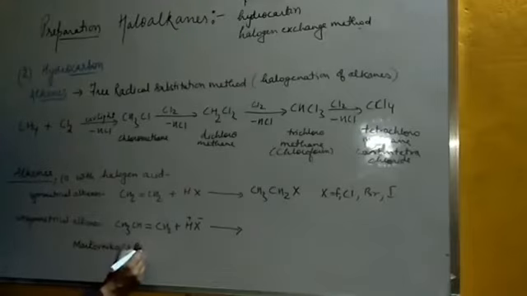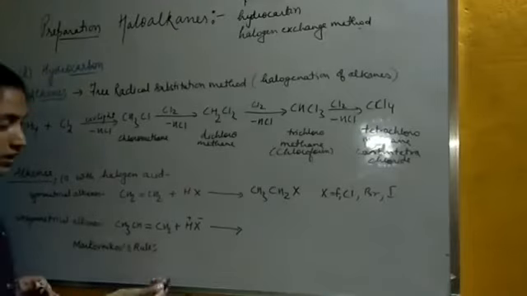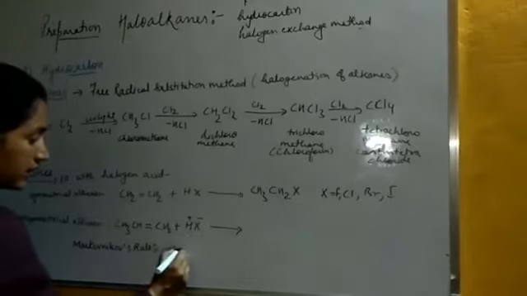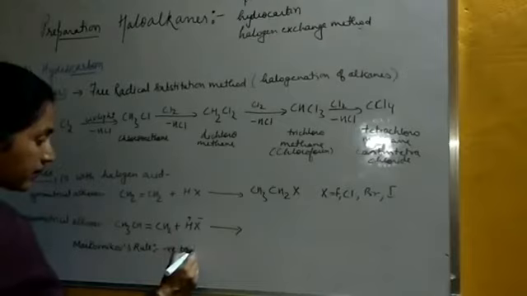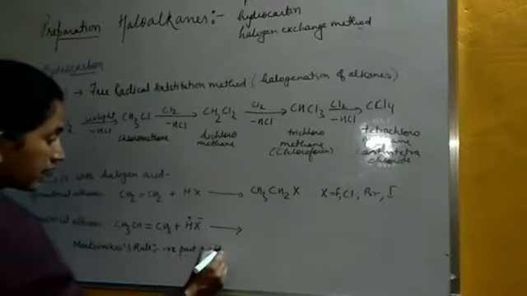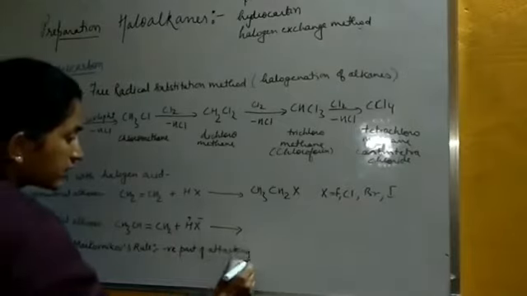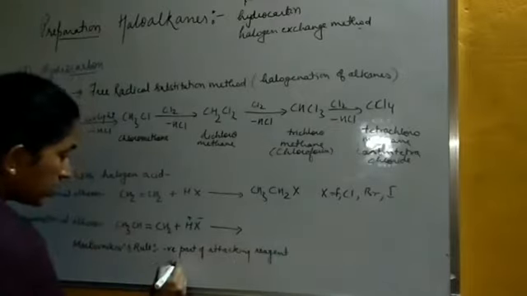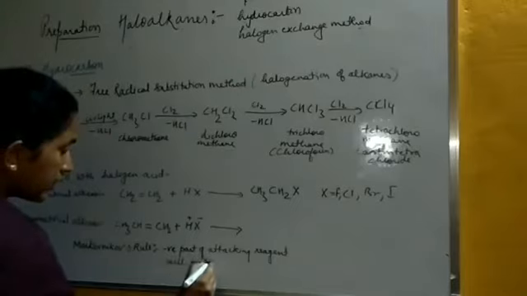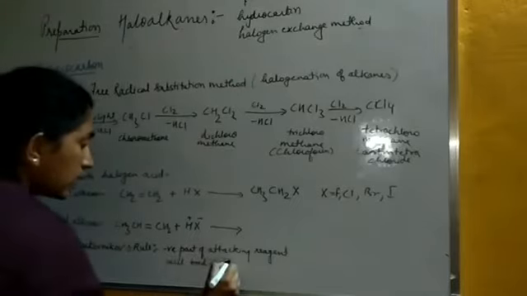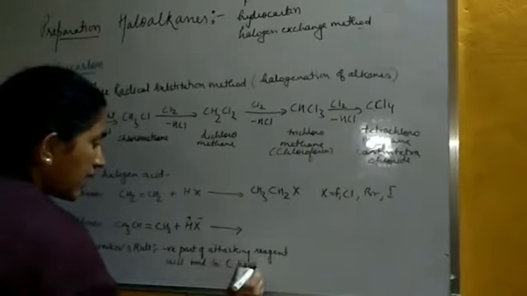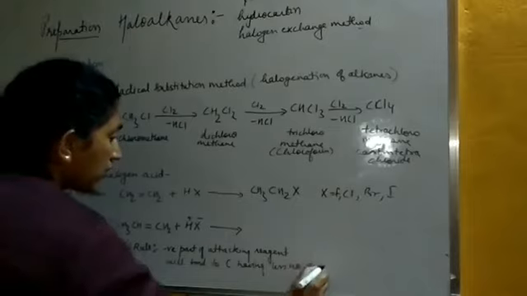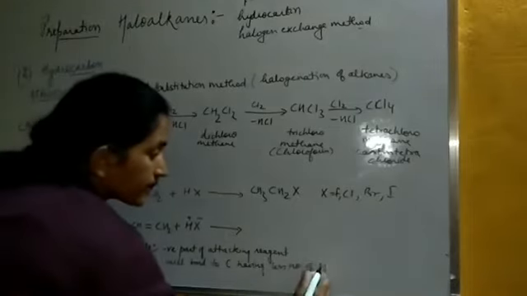according to which the negative part of the attacking reagent will bond to the carbon having less number of hydrogen.